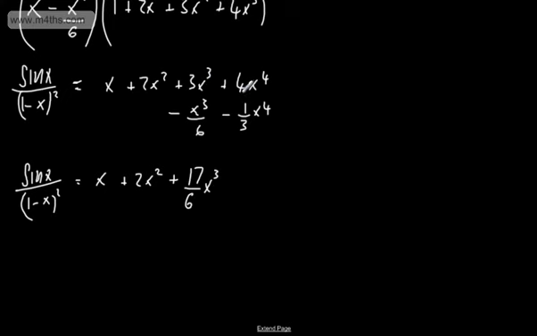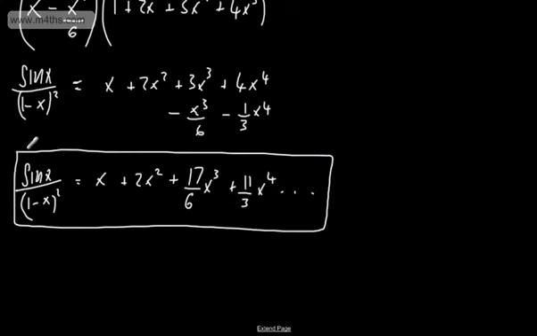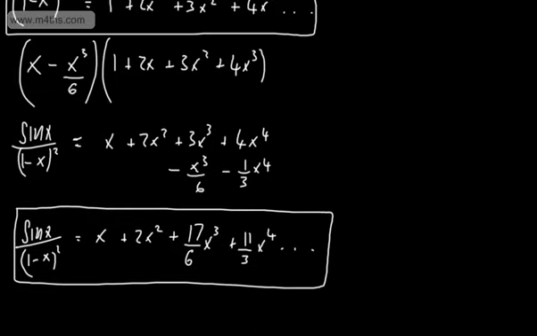Switching those up into thirds, that's going to give me 12 minus 1, which is going to be plus 11 over 3 x to the fourth, and so on and so forth. So that's our expansion right there, and we've done that. Fairly straightforward, fairly logical.